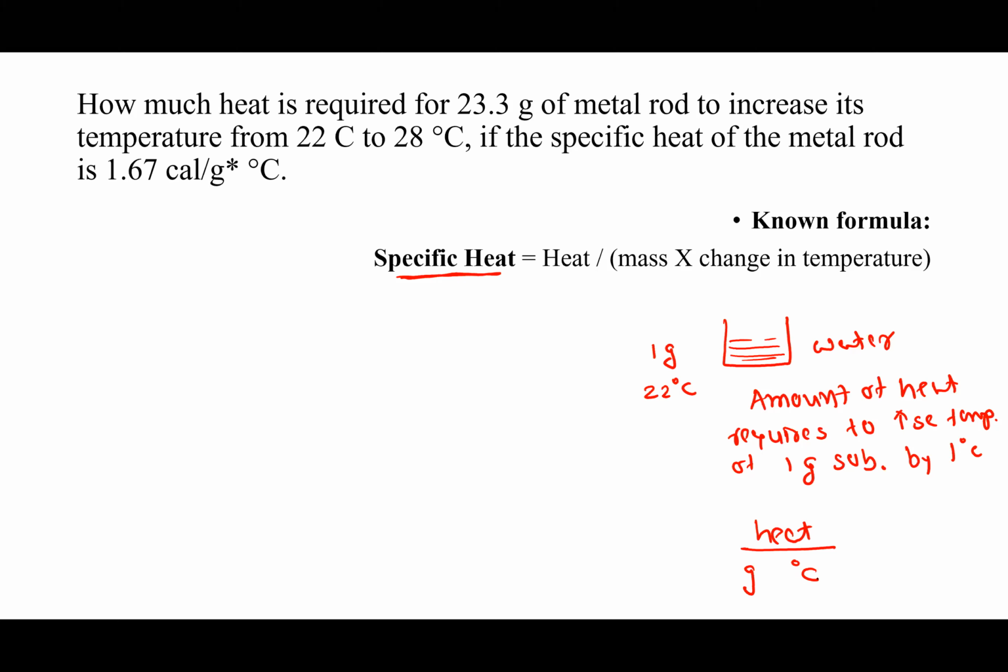The amount of heat that you provided is called the specific heat for that particular substance. So for water it is different, for iron it is different, for cotton it is different, for every solution it is going to be different. Make sense? Yes, thank you.